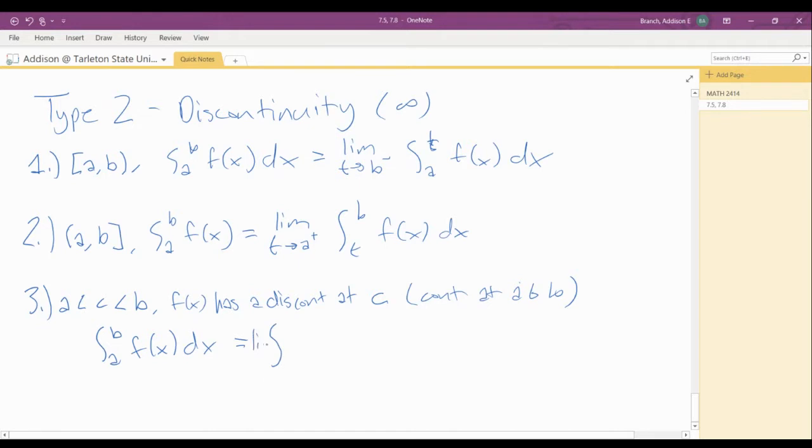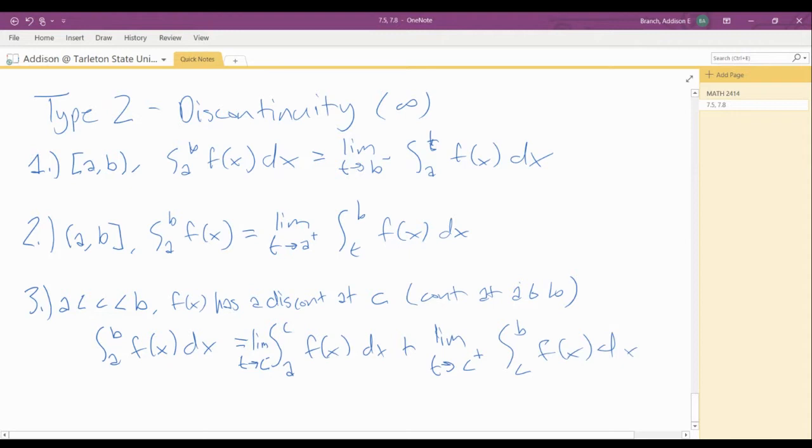It's where we have our limit as t approaches C from the negative, from A to C, and then once again we have our second limit where t approaches C from the positive, from C to B.